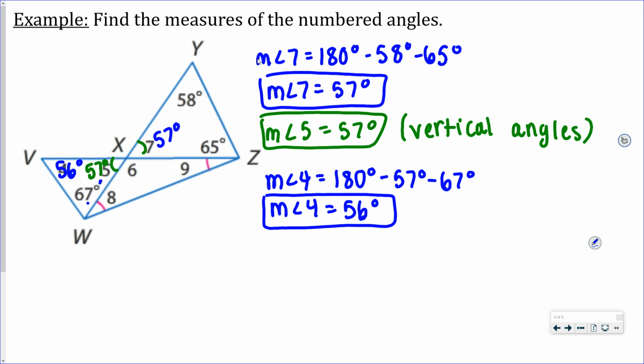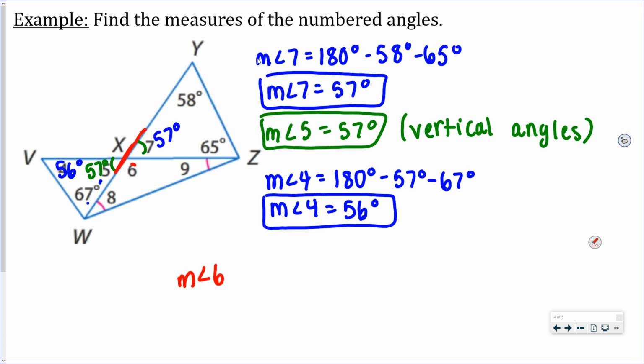All right. Which one do you guys want to find next? 6. Alejandro, we're going to say 6 as well? Yeah. Me too. Let's find 6. Alex, any idea how you could find 6? Subtract 57 from 180. Yes, you're right. Why? Because supplementary. Good. Measure of angle 6. Now, you could see this 2 ways.